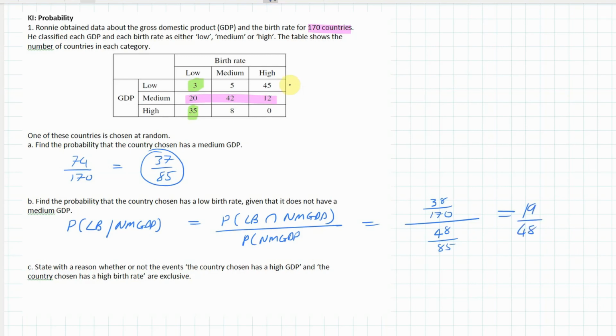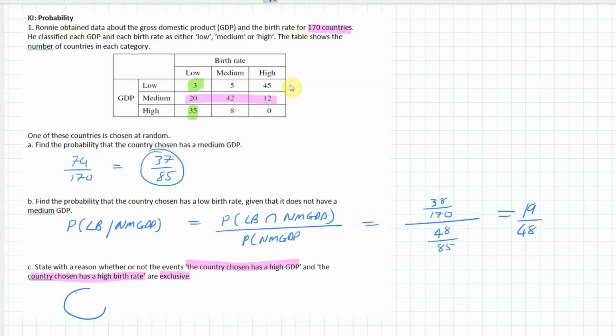The next one is about mutually exclusive. State with a reason whether or not the events, the country has a high GDP and the country chosen has a high birth rate, are exclusive. Now, if they're exclusive, that means that there's no intersection between these two things.